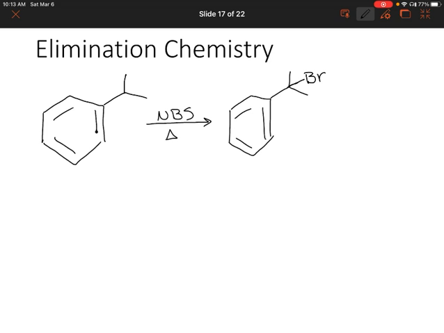And there's a couple of different ways that we could perform elimination here. We could go the E1 route, or we could go the E2 route. If we use the E2 mechanism, we would need a strong base, and we would probably want to use either potassium tert butoxide or sodium hydroxide, for instance.